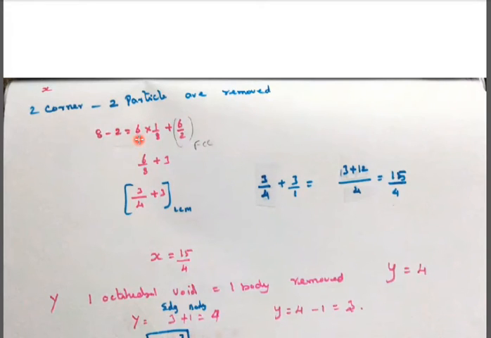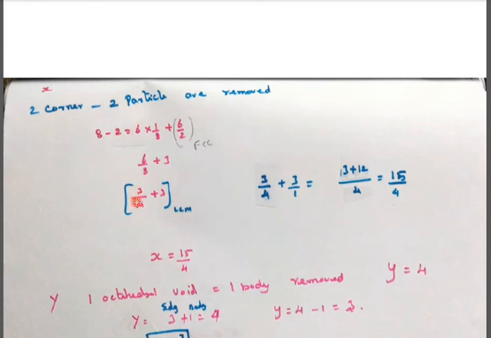So 8 minus 2 is 6 into 1 by 8, plus FCC 6 by 2. So what we are getting is 6 by 8 plus 6 by 2, which is 3. Here we can reduce this: 2 goes 3 times in 6 and 4 times in 8.